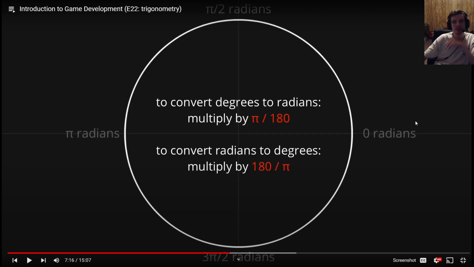I'm overcomplicating this. 3.14 divided by 18 is a little bit less than 6.